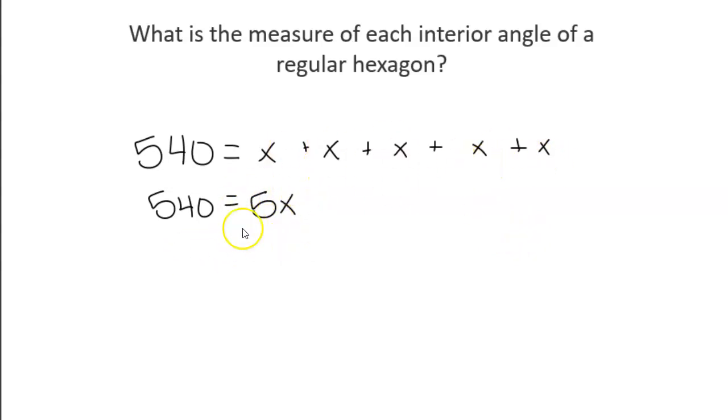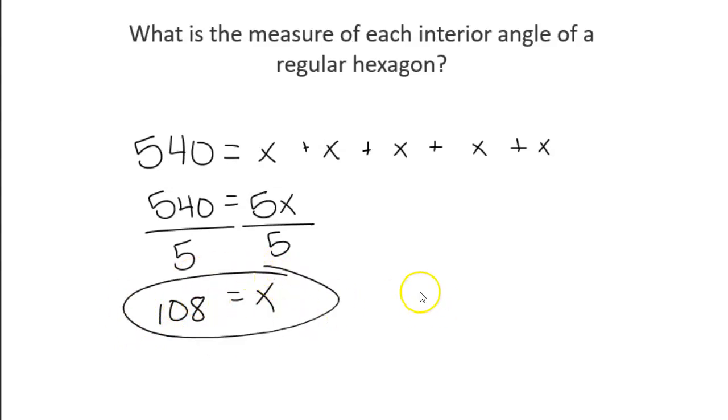So now I need to solve for x by itself. 5 is currently being multiplied to it, so I need to do my inverse operation. So 540 divided by 5 is 108. So each angle in that hexagon is 108.